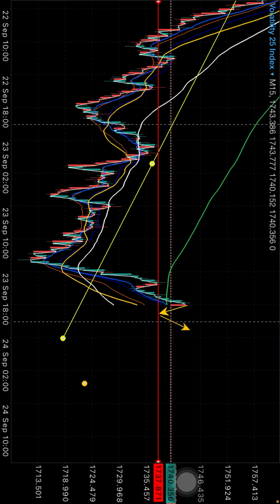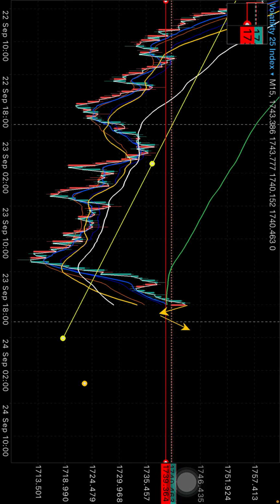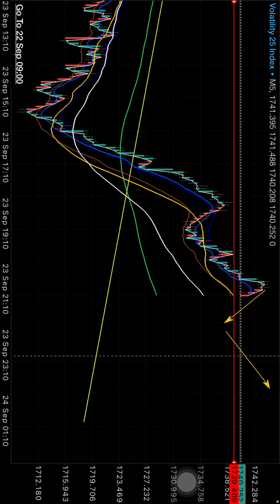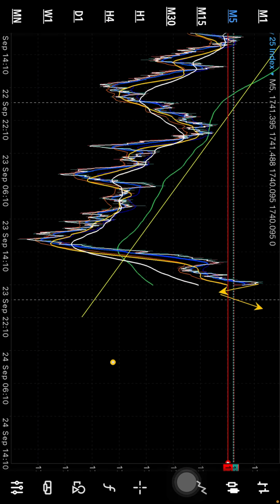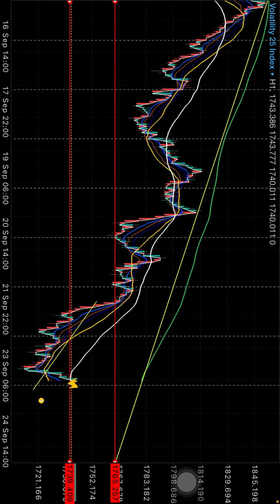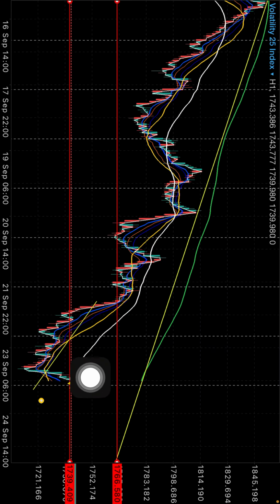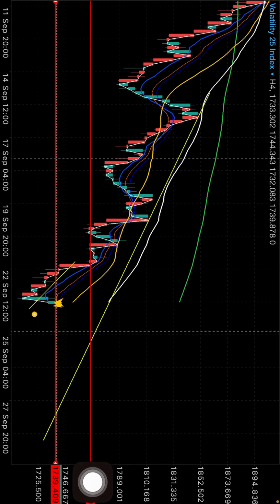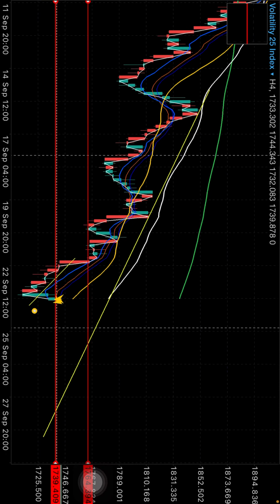Simple like that. Or the market will reject here and then buy. It doesn't matter. So we can look for a possible entry right here, a buy entry to the recent high here. So the market will buy to this point.